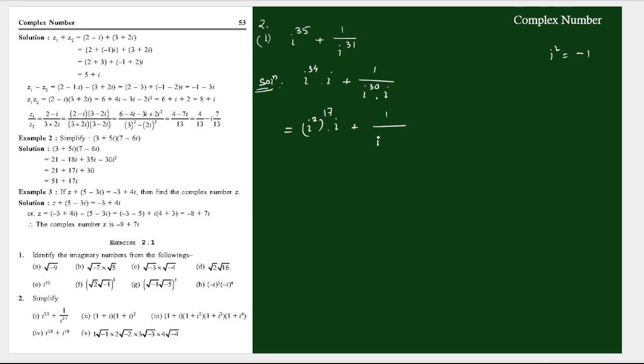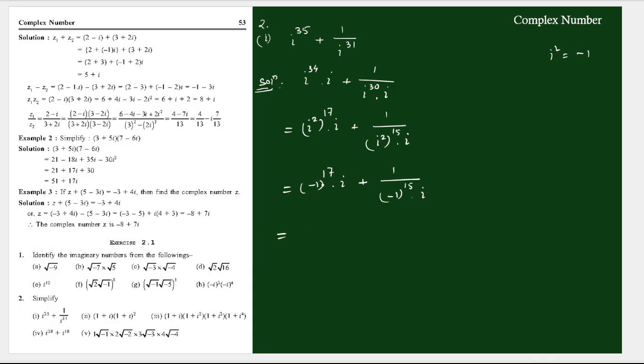And 30 can be written as (i squared) to the power 15 into i. Now i squared is nothing but -1, so we have (-1)^17 into i plus (-1)^15 into i.